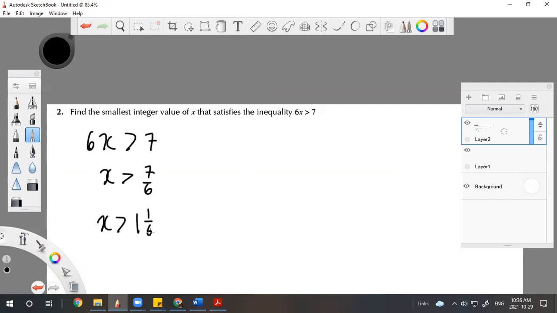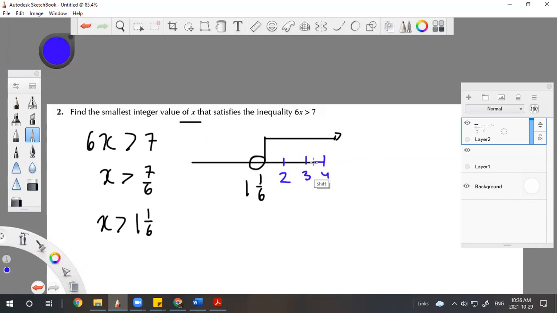But this is still a fraction, guys. Look, 10/6. So you put it on the number line, 10/6. It is not included, so it stays an open circle. And more, a bit to the right. So what is the smallest integer value? Which integer is closest to 10/6, guys? 2. Actually it could be 2, 3, 4, and so on, unlimited.